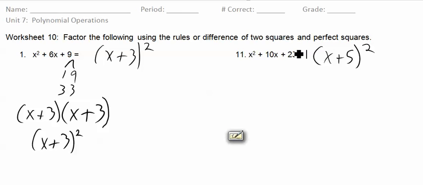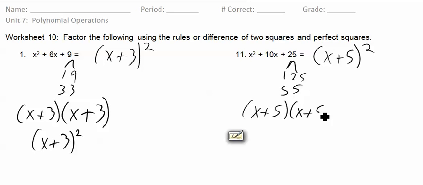If we don't notice this or we don't remember this rule, we can still just do it out the normal way. We look at factors of 25 that when we add them equal 10. So 1 and 25, 5 and 5. So 5 plus 5 is 10. So our two binomials would be x plus 5 and x plus 5, which is the same as x plus 5 squared.